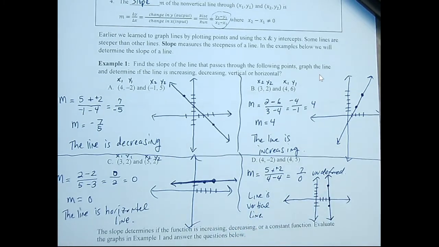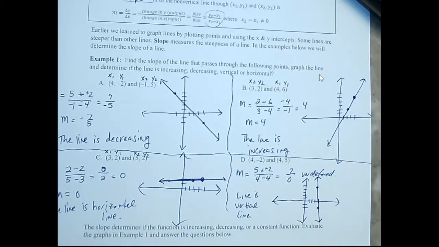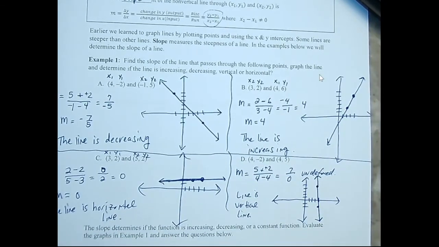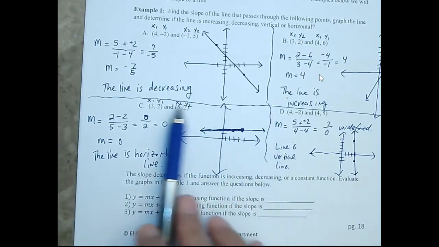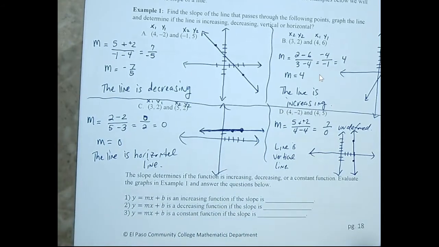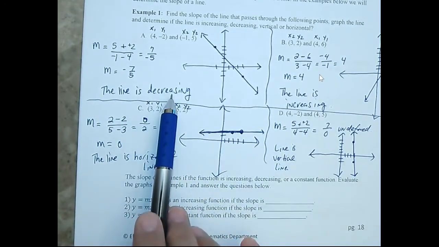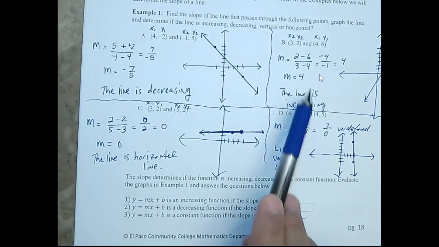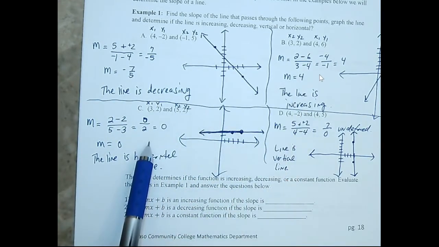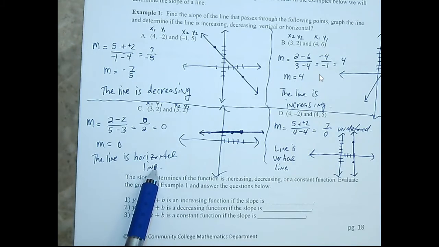So remember that the slope defines how steep a line is. If the line has no steepness, then it makes sense that the slope is 0. In the examples above, we saw if the line was increasing or decreasing. Notice that when the line is decreasing, our slope is negative. If the line is increasing, the slope is positive. If you have a slope of 0, we got a horizontal line.